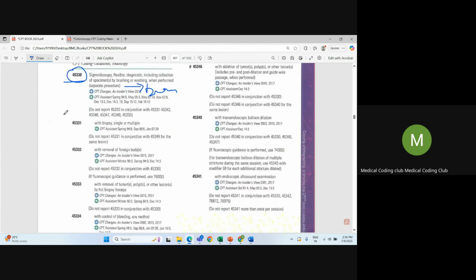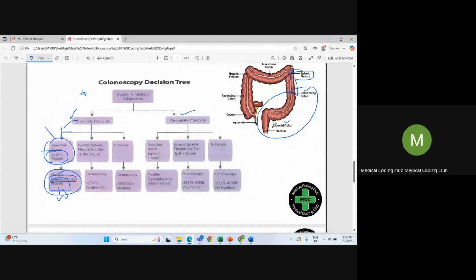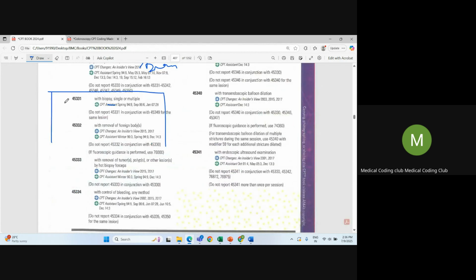And if they perform therapeutic, if they remove polyps, or if they take a biopsy from the sigmoid colon, this falls under therapeutic procedure. Check the therapeutic procedure that does not reach the splenic flexure. Under therapeutic, what codes are you going to see? 45331 with biopsy, single or multiple biopsy.